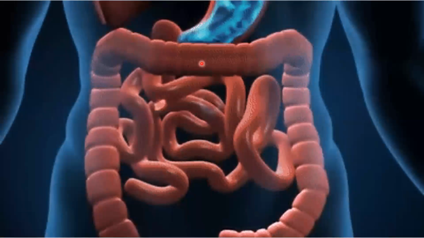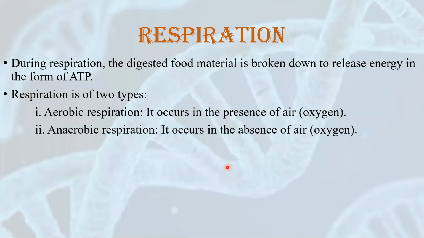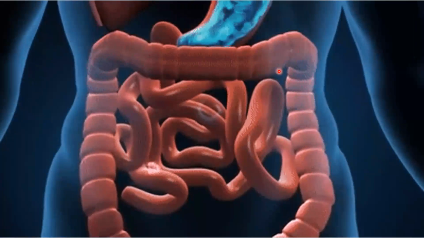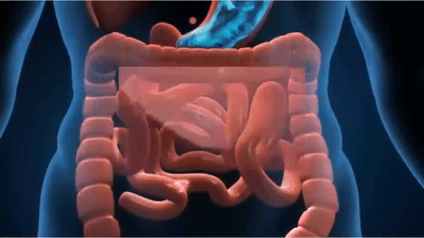After absorption, they will go to the large intestine. Then there will be absorption of water, and after that, there will be completion of our digestive system, completion of our digestion.